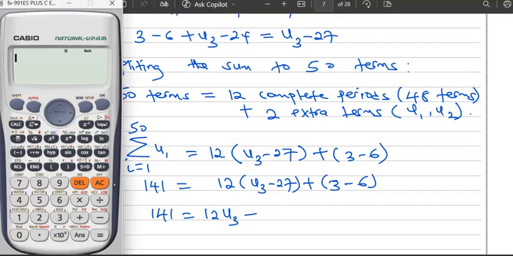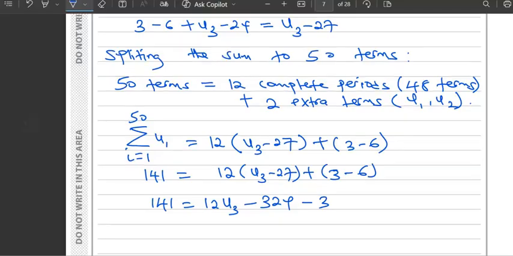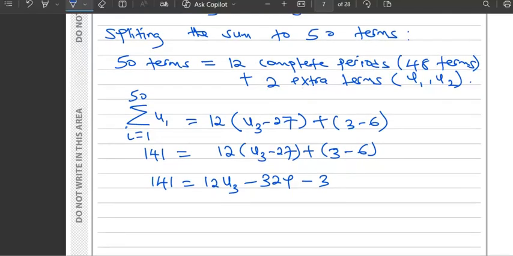Let's find out. 12 times negative 27 gives you negative 324. Then 3 minus 6 will be minus 3. Still collecting the like terms, 141 equals 12u3 minus 324 minus 3, which is minus 327.